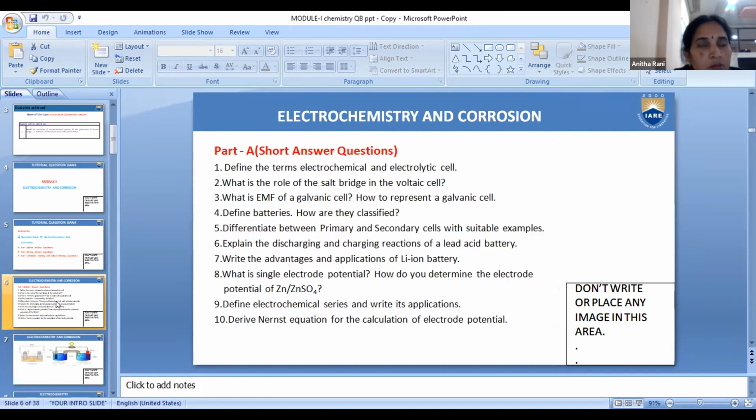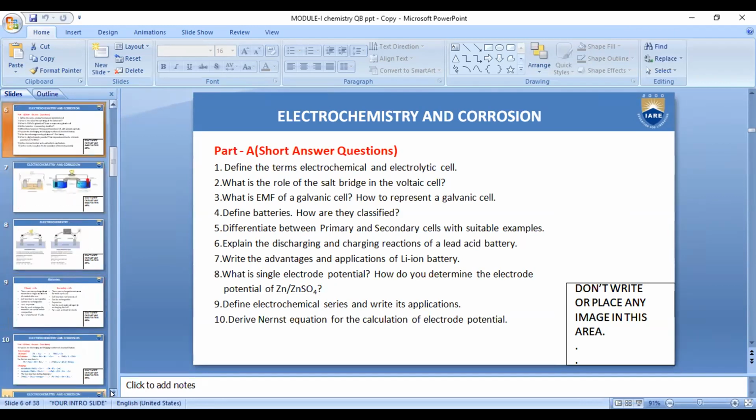You will connect to a voltmeter, the standard hydrogen electrode and the zinc electrode, both half cells. And the zinc sulfate solution and the HCl solution we are taking in the hydrogen electrode are connected with the salt bridge. Then you can find out the electrode potential of zinc.